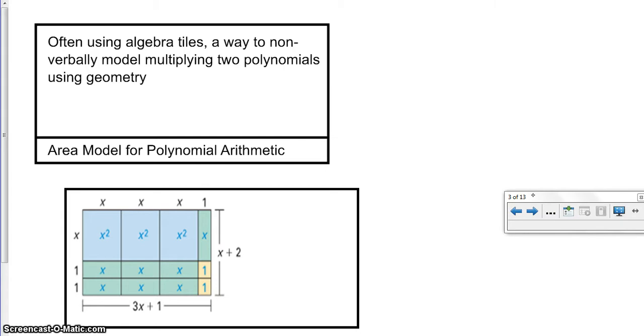So take a look at the bottom. At the bottom, I want you to think about multiplying the binomial 3x plus 1 times x plus 2.